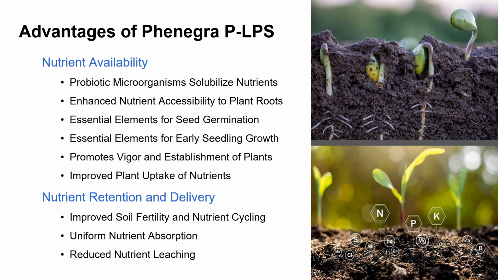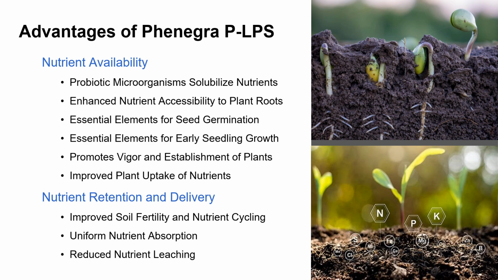So nutrient availability here in slide 21 is a critical understanding of probiotic microorganisms help solubilize nutrients. Enhancing that nutrient accessibility to plant roots is what you need because that leads to essential elements for seed germination. Essential elements are necessary.